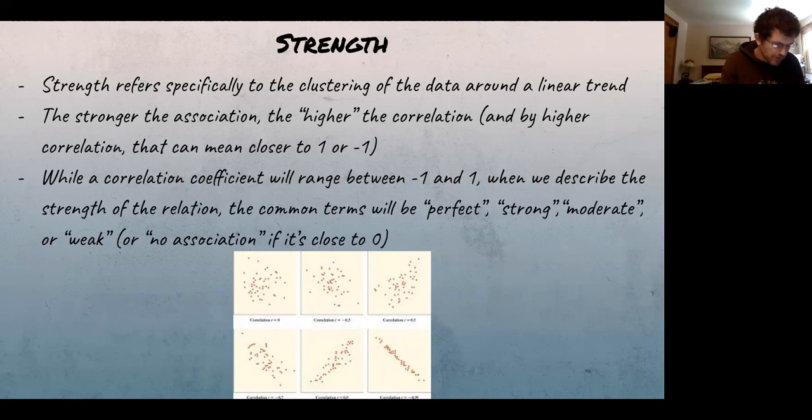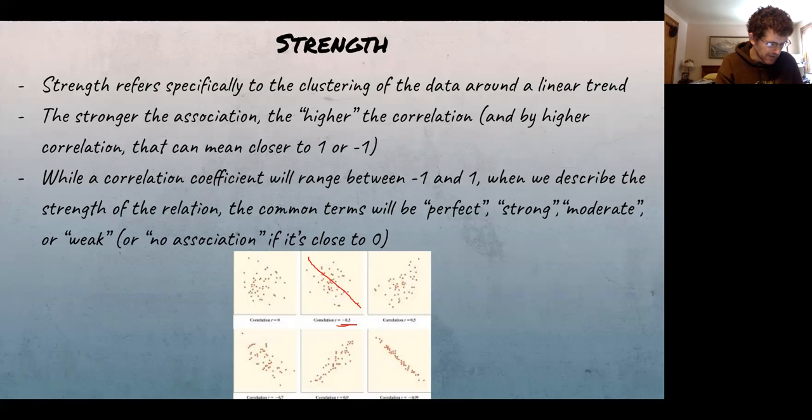Okay, so we can look right here and see what different kinds of correlations look like. It's hard to read these numbers, but this is an R of, I believe, -0.3. So even though it looks like not much is going on, there is a little bit of a negative trend right here. And I want to point out that -0.3 has nothing to do with the slope of the line.